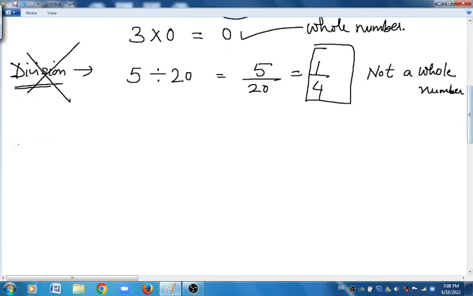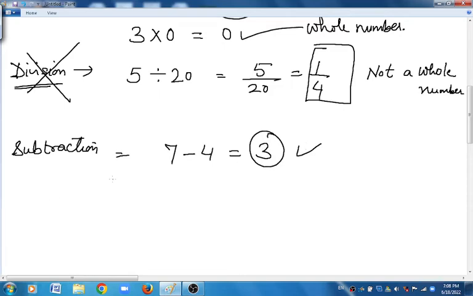The last one is subtraction. Take one example. If I am subtracting 7 minus 4, which is 3, 3 is a whole number. But we can have another case where we are subtracting 4 minus 7, subtracting 7 from 4. That is also possible. Since we have not started with the integers, I will be uploading more videos for the integers.